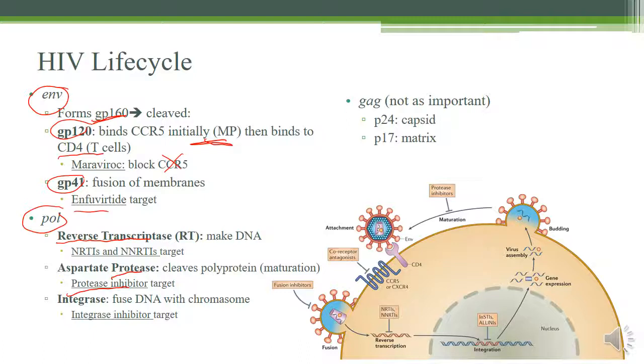Integrase is how the virus integrates its newly formed DNA into our chromosome, and that's how it can stay latent for long periods of time until you eventually develop full-blown AIDS. And we can also target this part of the life cycle with integrase inhibitors.